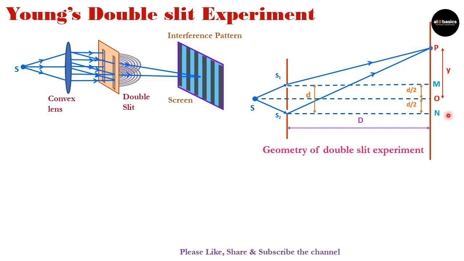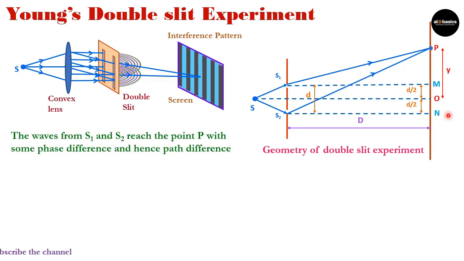Now, let us consider another point on the screen, P. This point P is such that waves from S1 and S2 will reach point P with some phase difference. Now this phase difference will decide whether the point is bright or dark.